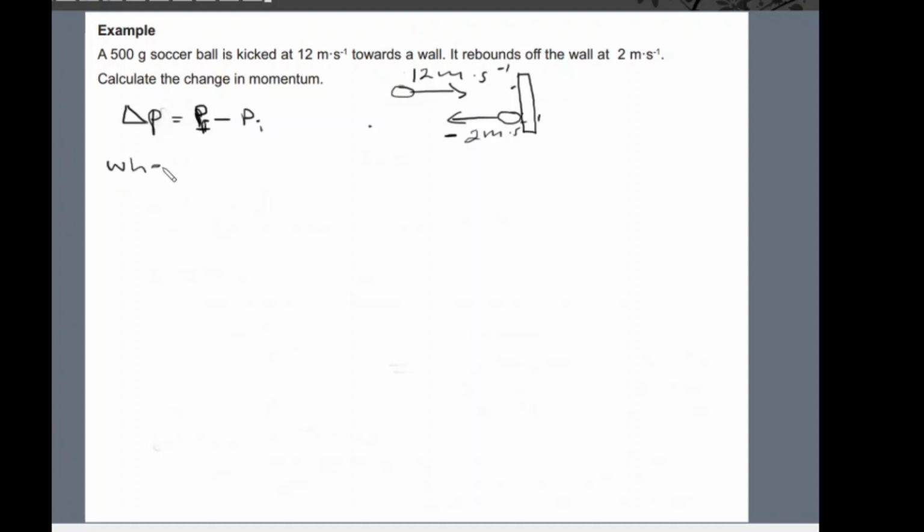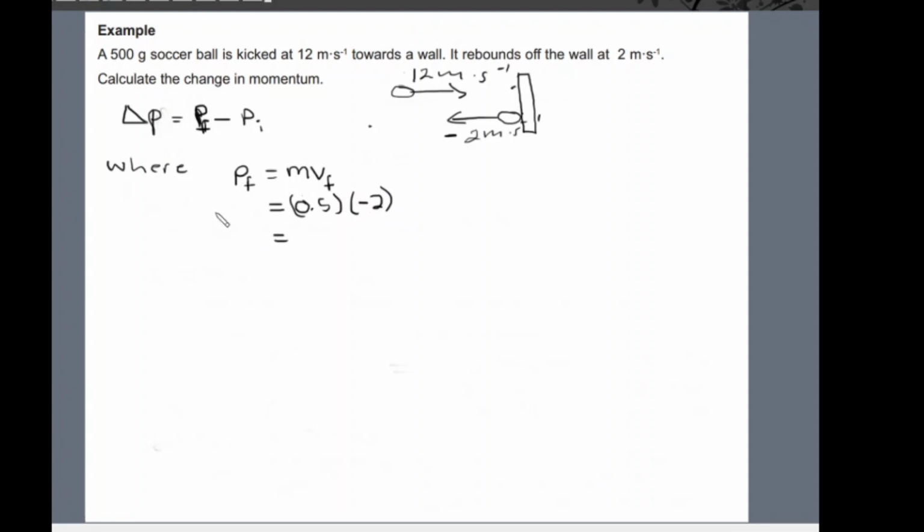Where final momentum is the mass of the ball times the final velocity, right? So the mass of the ball is 500 gram. Because the SI unit of mass is kg, if you divide 500 by 1000, you'll get 0.5 kg. It's 0.5 kg times the final velocity, which is 2 meters per second, but in the opposite direction, right?